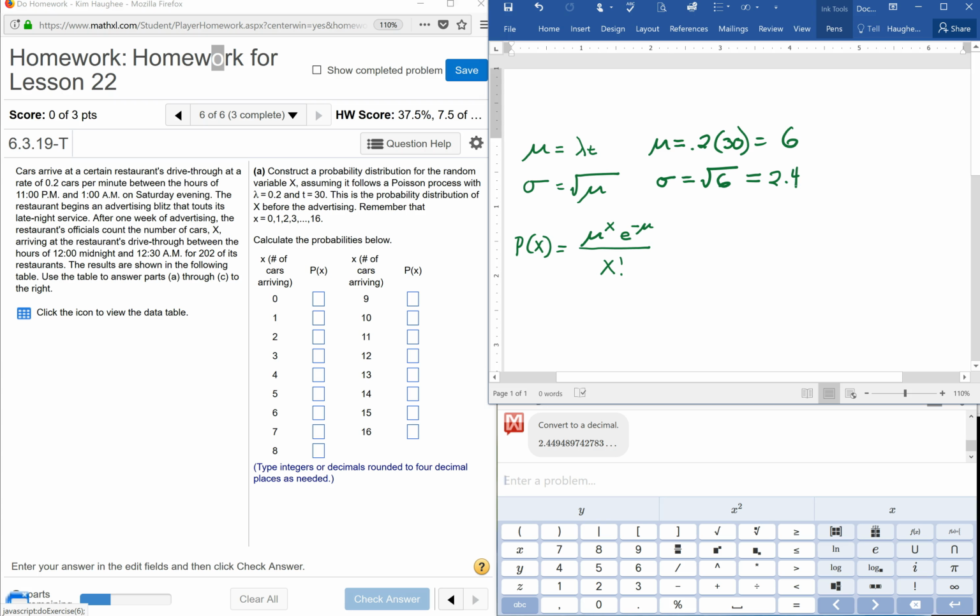Now to complete part A, if I want to know the probability of 0 cars arriving, I would have the probability of 0 equals the fraction 6 raised to the 0 power times e to the negative 6 over 0 factorial. Now I'll show you how to type that in, or at least one way to type it in.